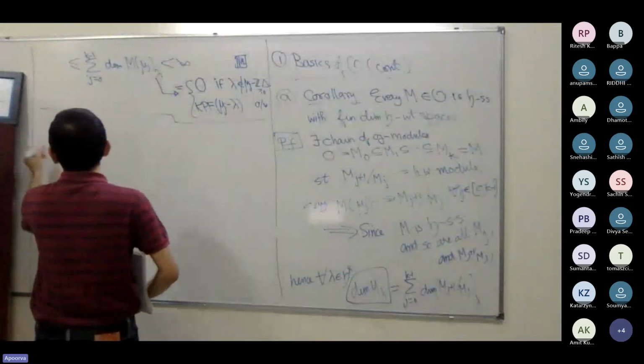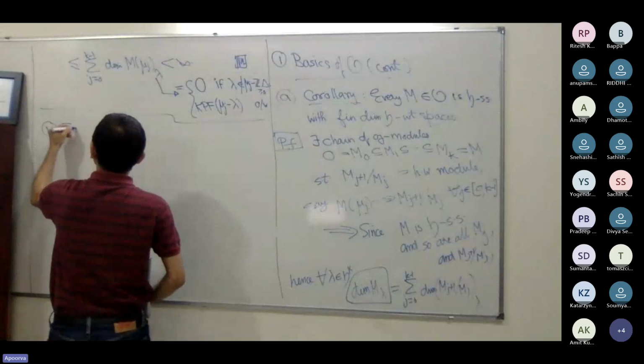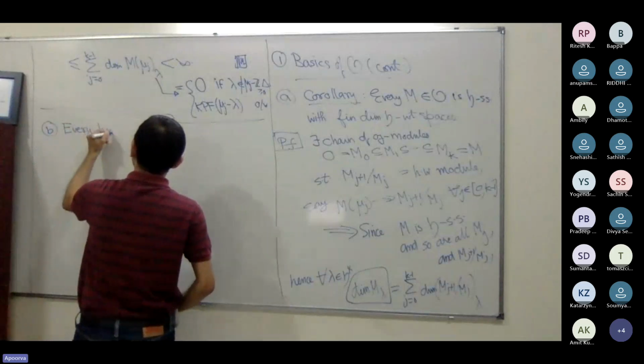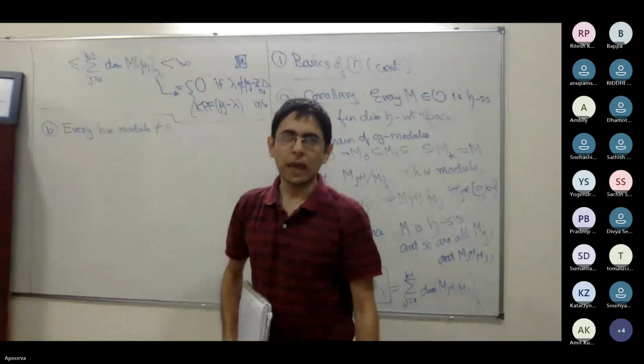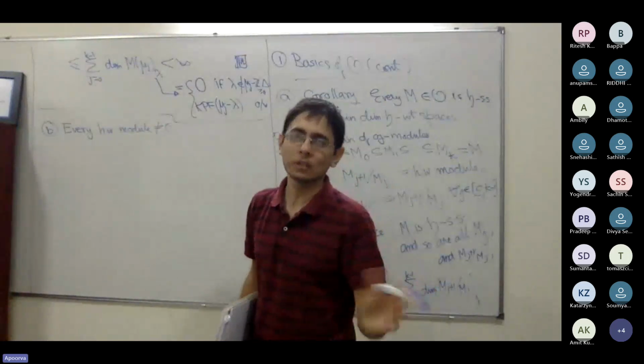Another basic corollary is: every highest weight module not equal to 0 has a unique maximal submodule and a unique simple quotient.